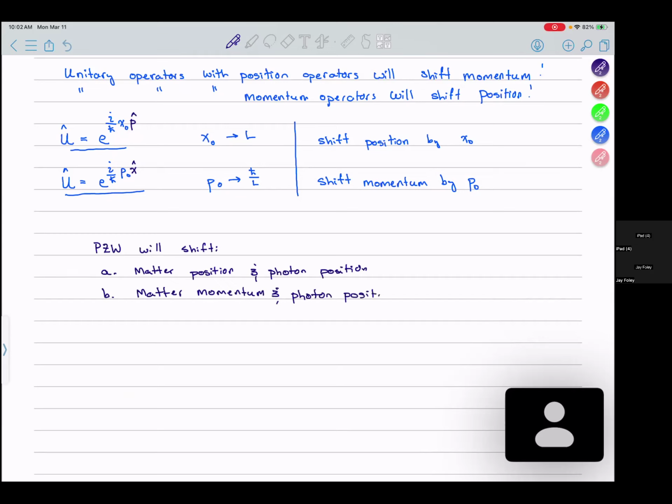C, matter position and photon momentum. That was choice C. D is matter momentum and photon momentum.